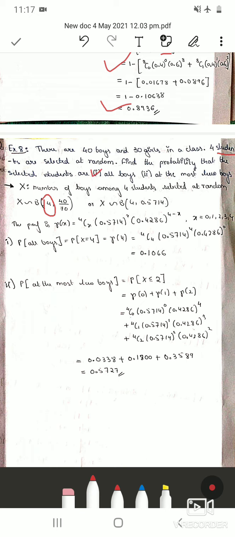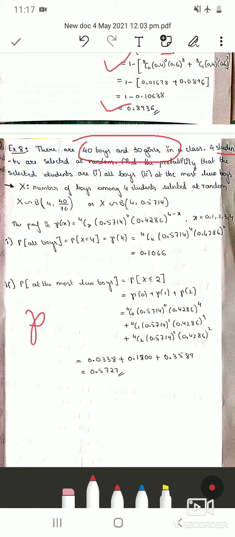They have asked to find the probability that the students selected at random are all boys or at most 2 boys. You want to calculate x such that it is related to boys, therefore p also should be related to boys. To calculate p, see that in the question they have given the information that there are 40 boys and 30 girls in the class.